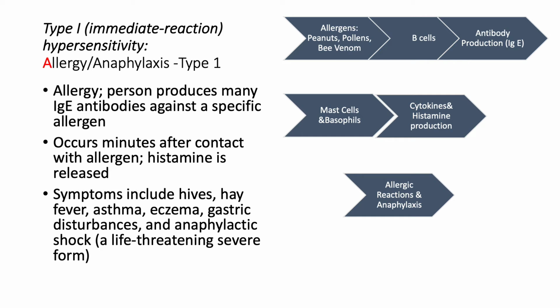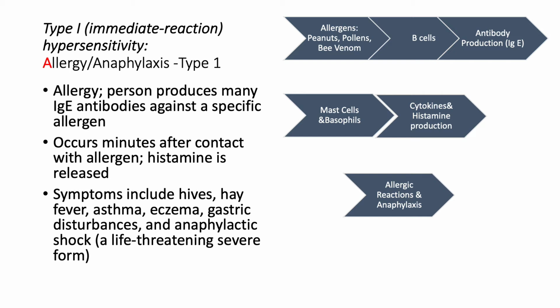Type 1 immediate reaction hypersensitivity is commonly called an allergy, and the antigens that trigger allergic responses are called allergens. In a type 1 hypersensitivity, a person becomes sensitized by producing immunoglobulin E antibodies in response to a certain allergen.